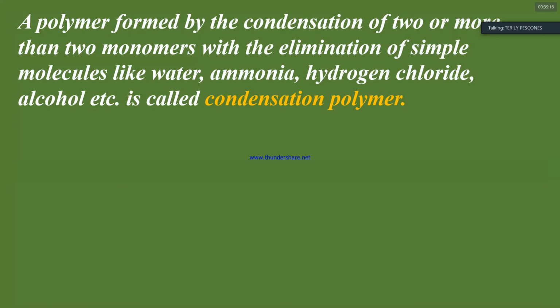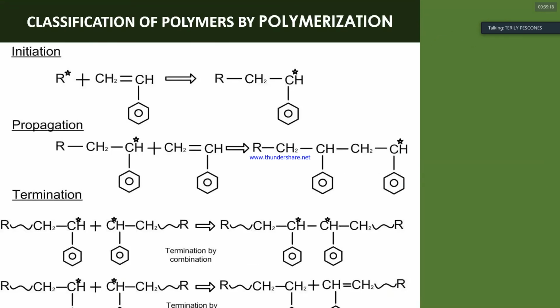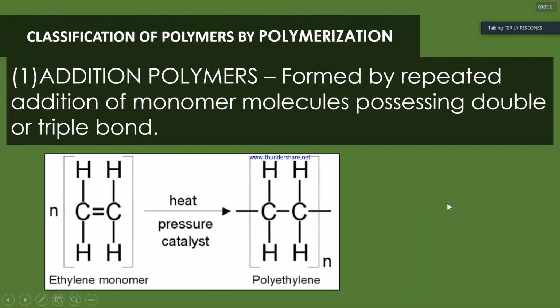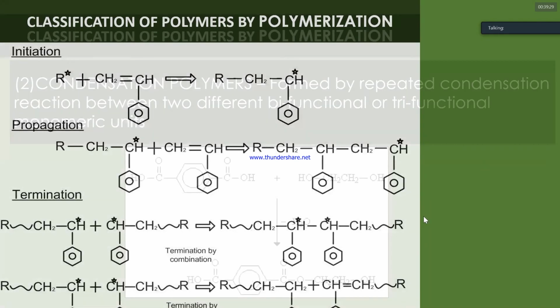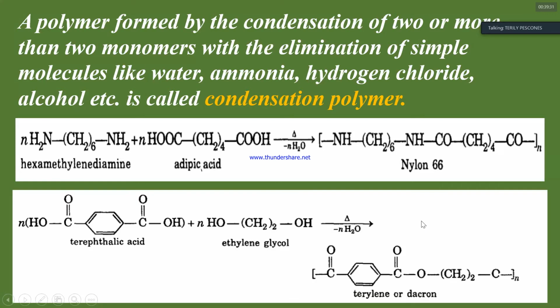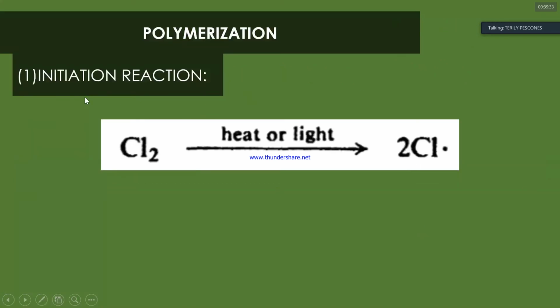Let me go back to the earlier slide. Okay, we have the addition polymers. This is the polymerization process. Okay, polymerization process. So let us go back to polymerization. One is the initiation reaction. Okay, initiation reaction.